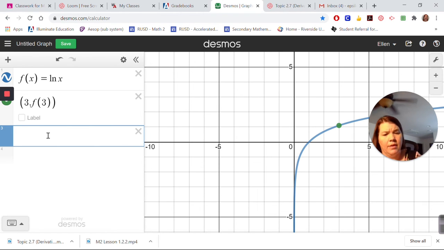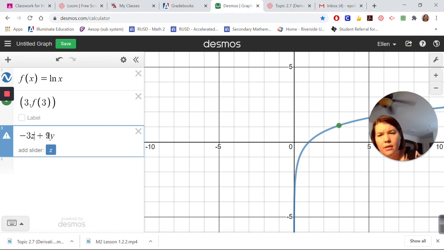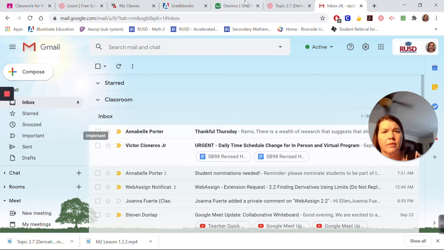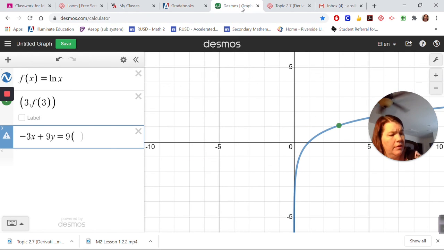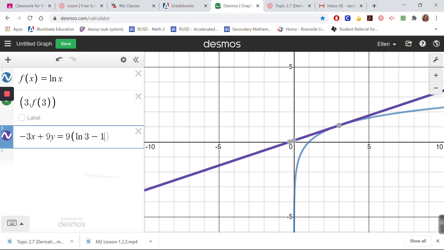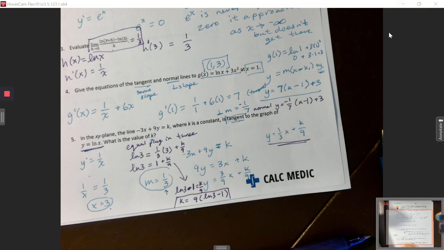So I have negative 3x plus 9y equals this funny number I found, 9 times (ln 3 minus 1). Oh, hey, there it is. See how it's perfectly tangent? Alright, messy, but done.